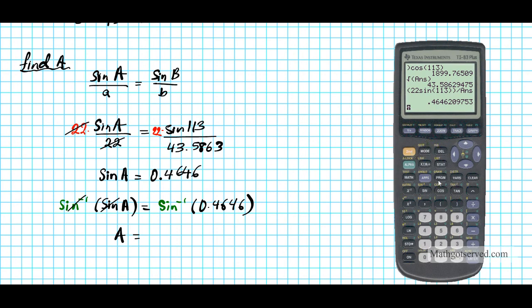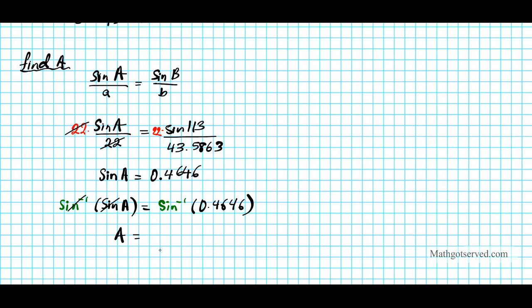So second function sine gives me access to the inverse sine of our previous answer, and the result is going to be 27.6856. All right, so angle A is 27.6856 degrees.